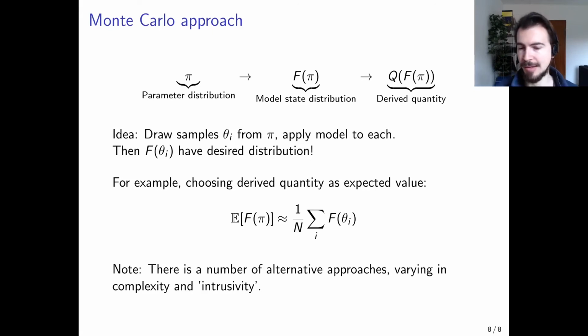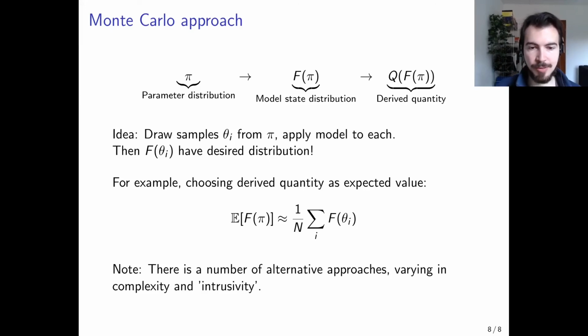So there's an entire range, and it's always a balance between efficiency and, on the other hand, the burden of implementation that you have to do. For some models, it may actually be impossible to apply the most efficient methods quite simply because they require too much knowledge about the model itself.